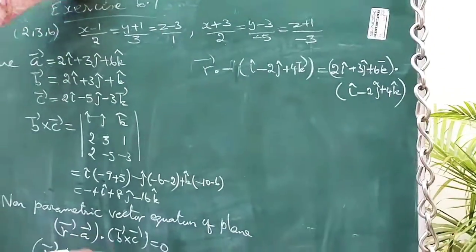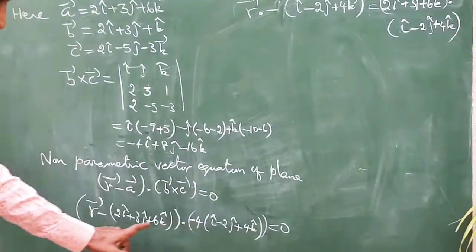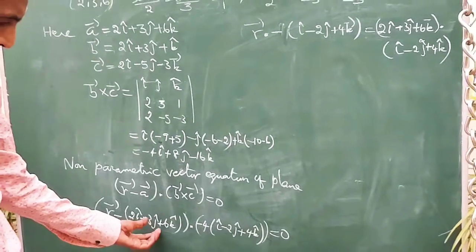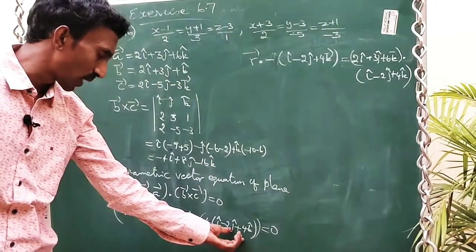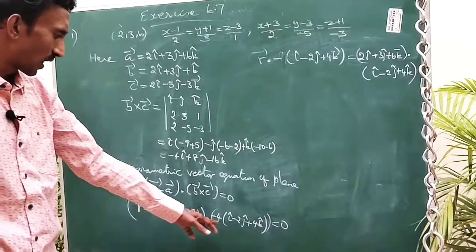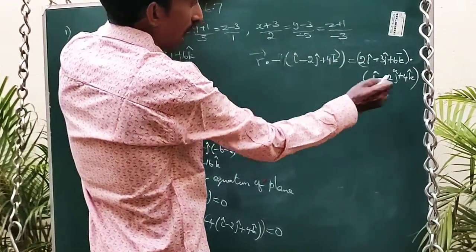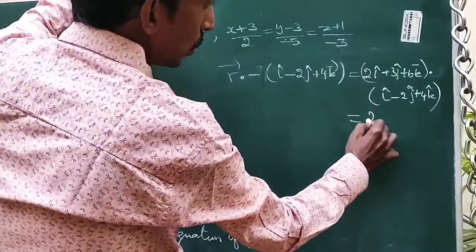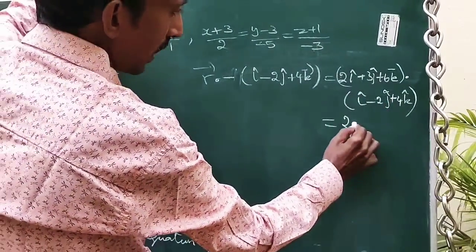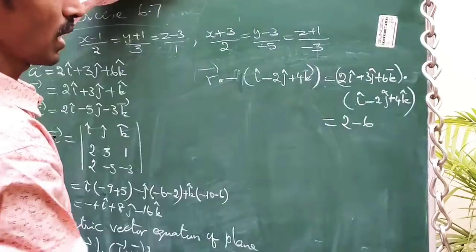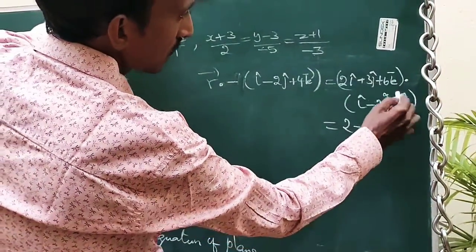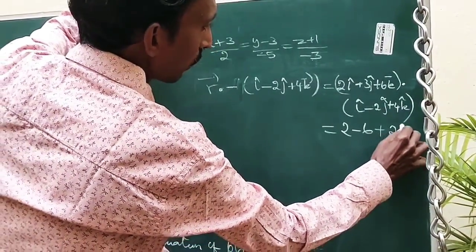Okay, we are dividing into 2: r dot this one minus second vector dot this vector, b cross c. So we can leave this minus 4. On the right hand side, find out the dot product: 2 minus 6 plus 24.